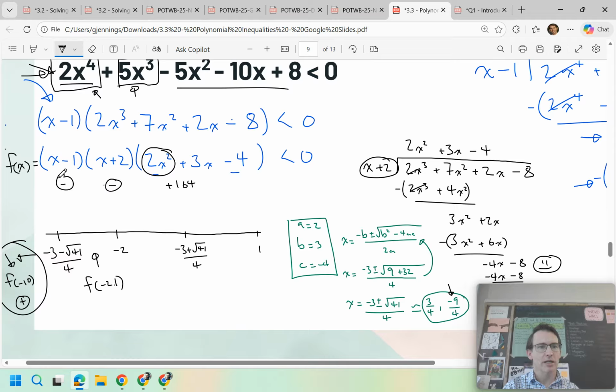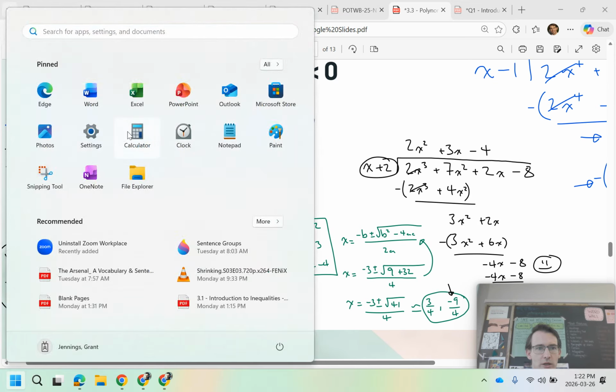Okay, so negative 2 minus 1 is negative 3. Negative 2.1 plus 2 is negative 0.1, so we're still negative. And then in this one here, I suspect that we're negative now. That I'm going to have to do on a calculator, so sometimes you just got to turn on your calculator and do that. So here we go. There it is. Where's that calculator?